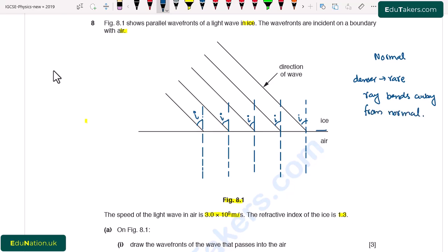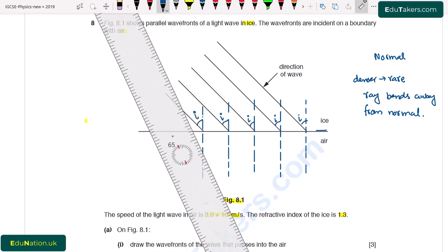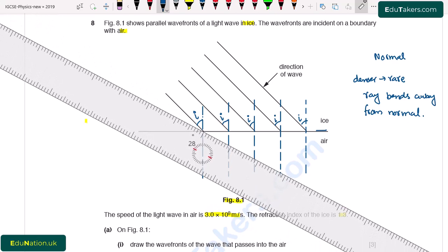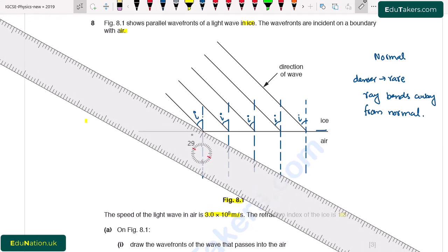Now we have to draw the refracted ray that bends away from this normal. It will be just like this. This is first.